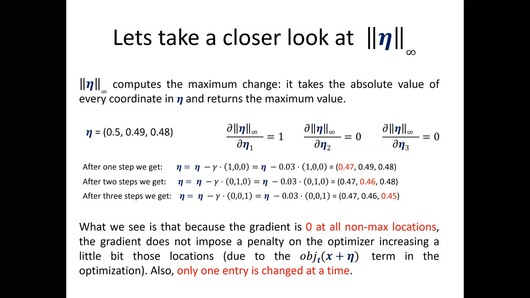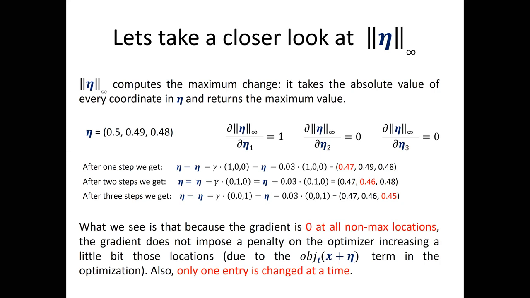Now, because the gradient is non-zero only at the max location and zero everywhere else, there are two issues here. One is that we are converging very slowly. We're only modifying one dimension at a time.